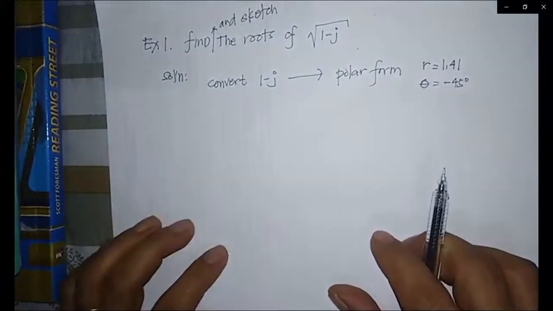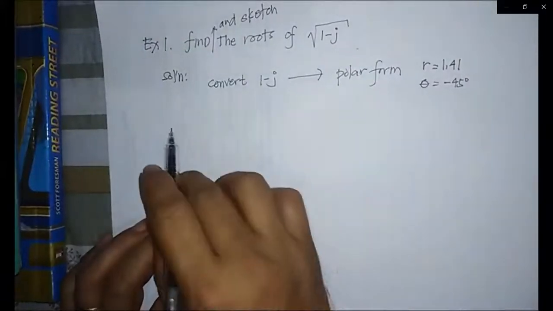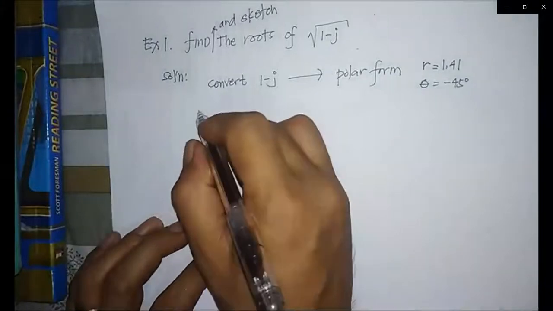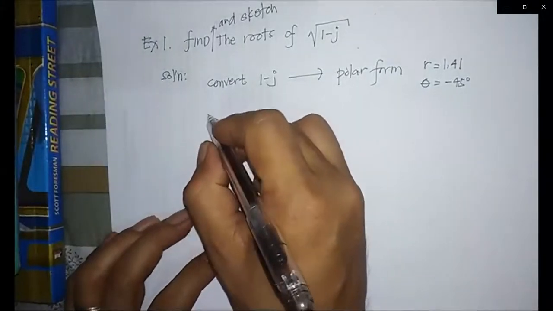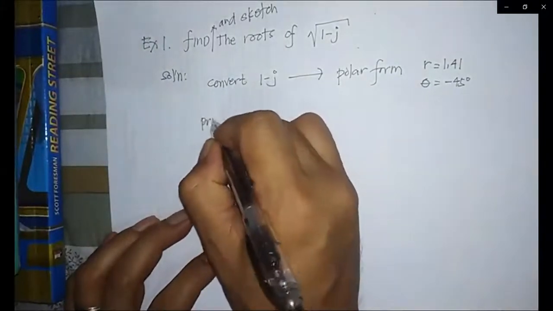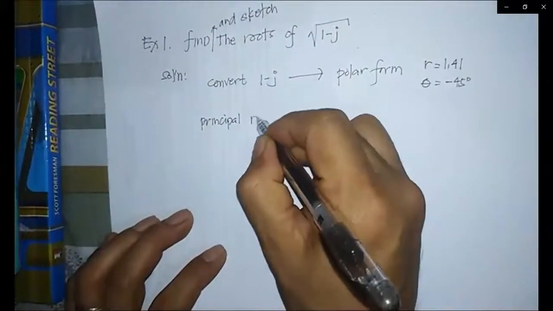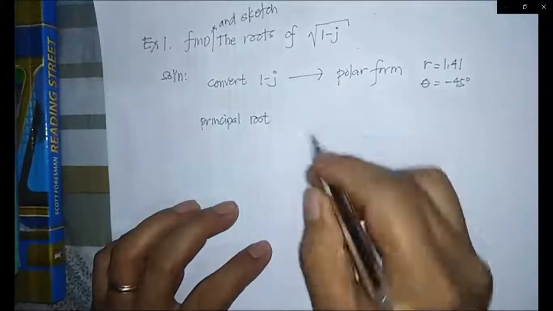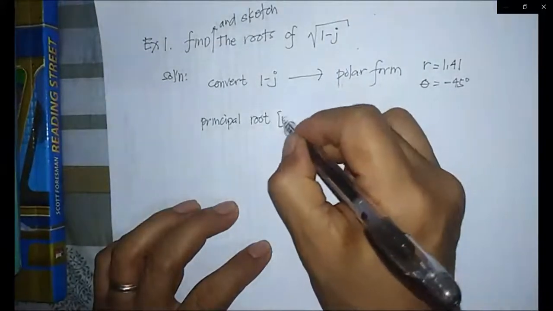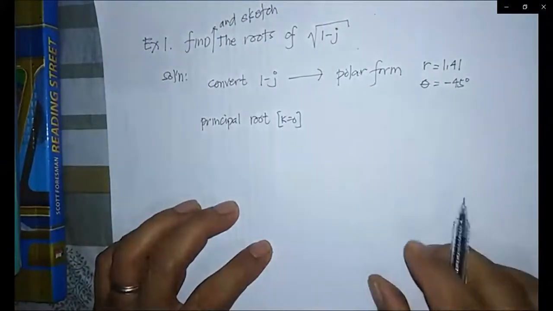All right, since we have the value of r and theta, now we are ready to solve for the roots. So let's start by solving the principal root, that is when k is equal to 0.